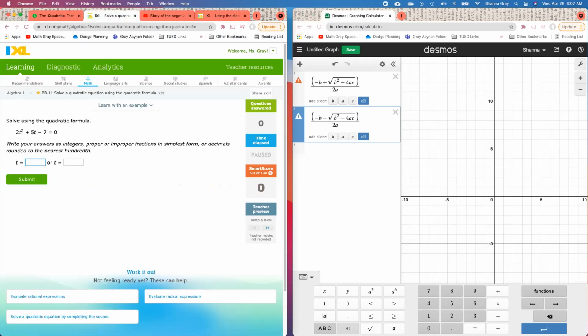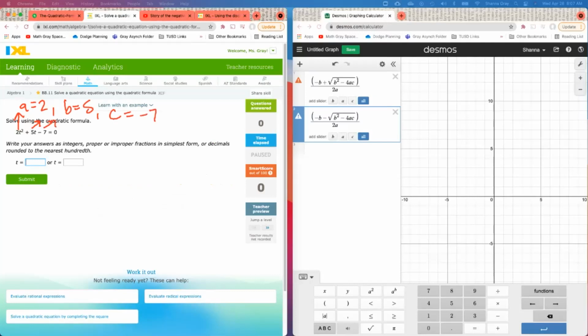So here, if I look at this first problem, I'm going to come over here and say, all right, well, A is positive 2, B is positive 5, and C is negative 7.